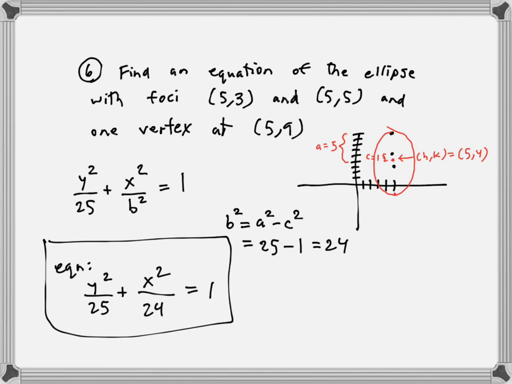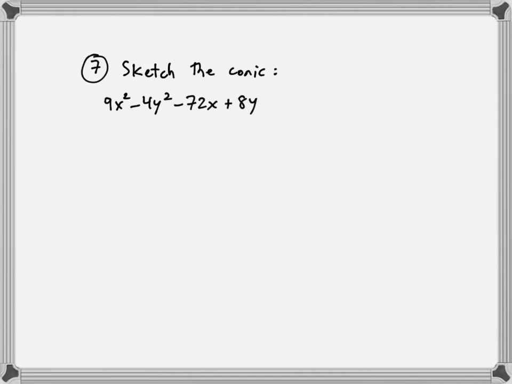Okay, let me do one more example. This will be a good problem to see. I want us to sketch the conic 9x squared minus 4y squared minus 72x plus 8y plus 176 is equal to 0.